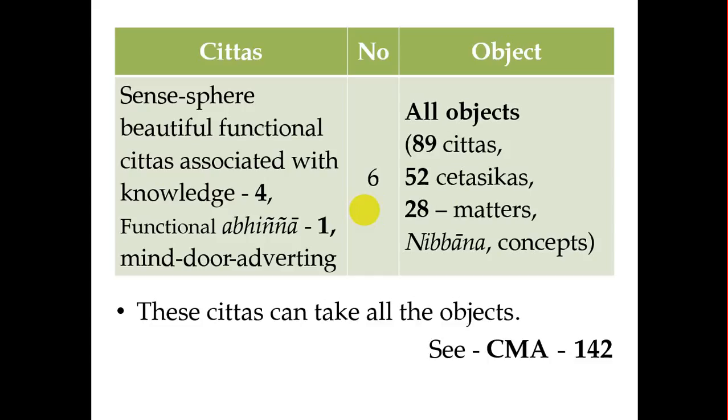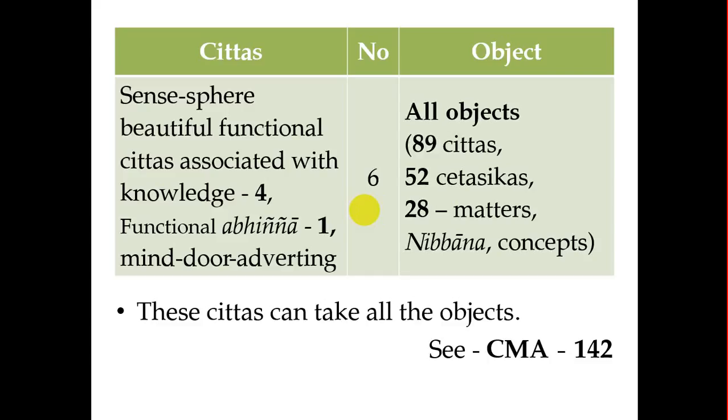As well as the mind-door-adverting consciousness. Actually, the mind-door-adverting can experience any object. When you attain jhana, you have to open your mind. When you attain Magga and Phala, you have to open that mind. So therefore, the mind-door-adverting consciousness can take any object, right? Even before you attain direct knowledge, your mind has to be open.